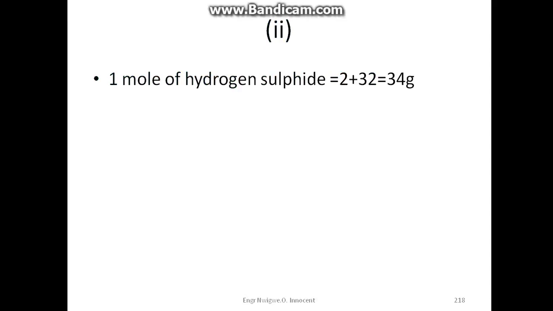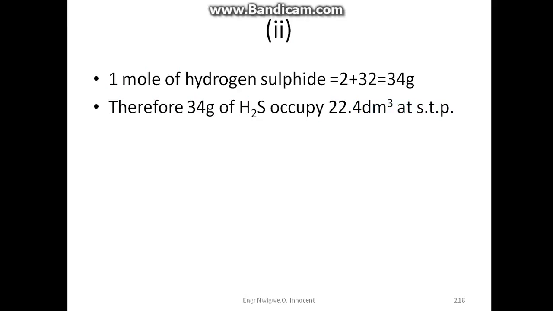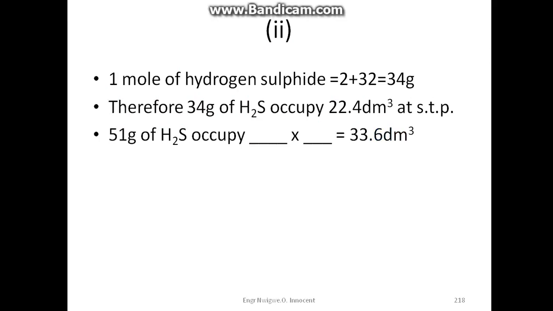Solution for question 2. 1 mole of hydrogen sulfide equal to 2 plus 32, which will give us 34 gram. Therefore, 34 gram of hydrogen sulfide occupy 22.4 dm cube at STP. 51 gram of hydrogen sulfide occupy 22.4 divided by 34 times 51 divided by 1, which will give us 33.6 dm cube.